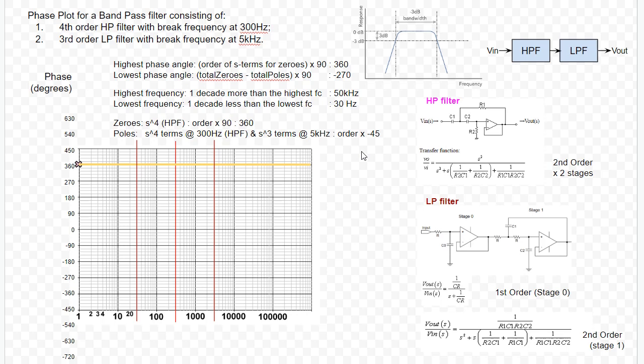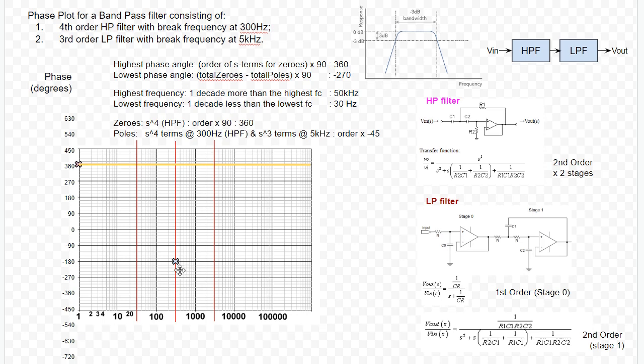That makes it -180. So we put a marker at -180 on the 300 line mark. So -180 is over here. Okay, so that's at the 300 mark.